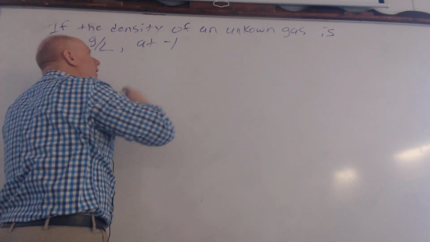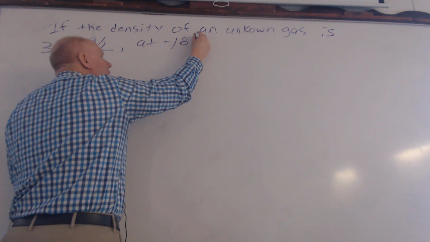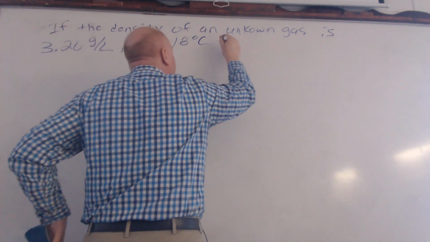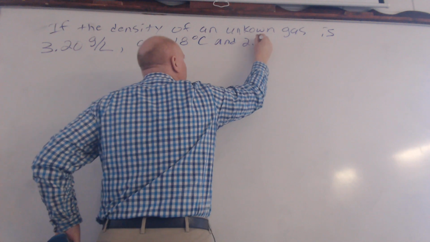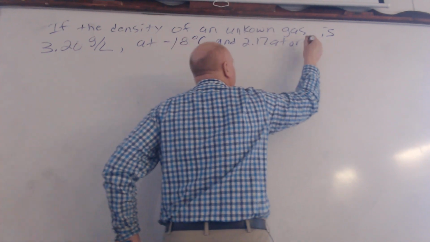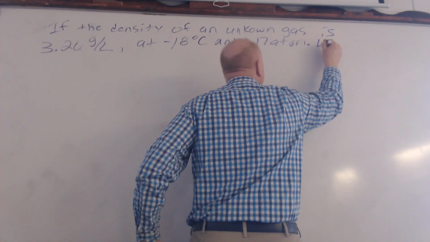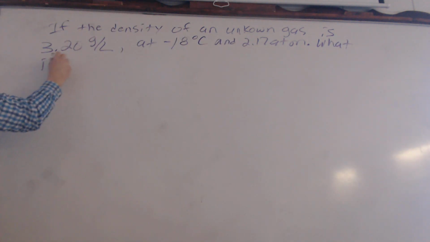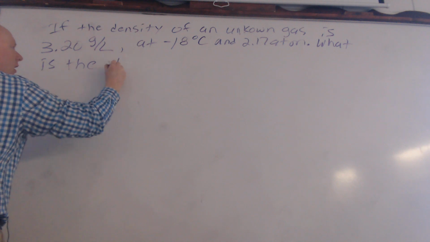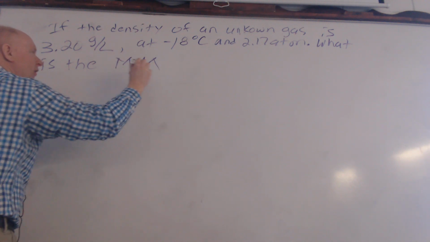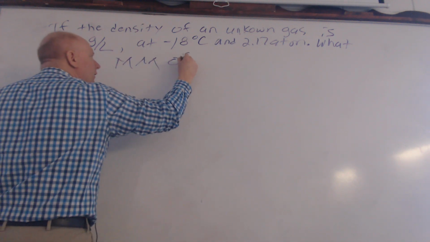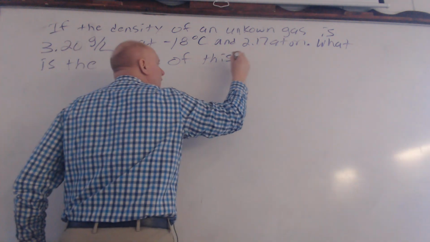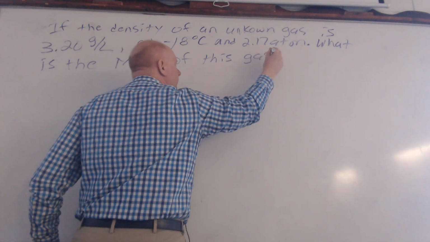I meant 18 degrees Celsius. And 2.17 atm. Okay. What is the molar mass of this gas? I'm just going to capitalize that because the variable is molar mass of this gas.